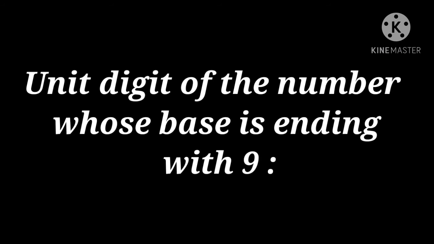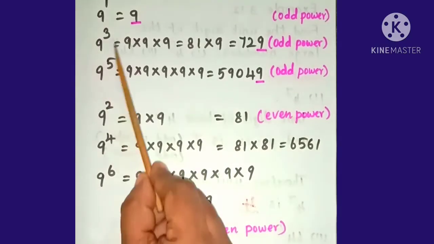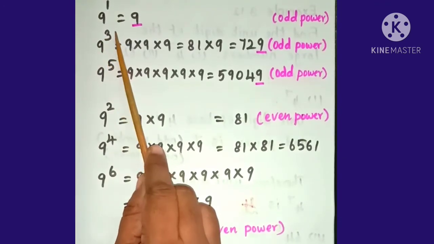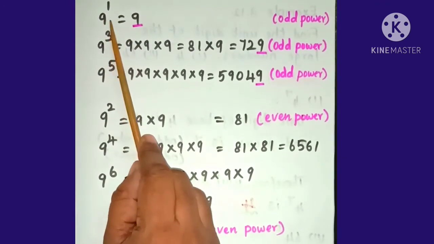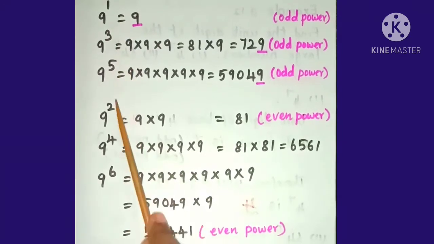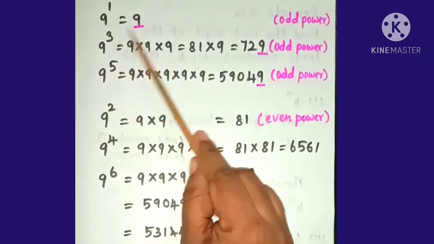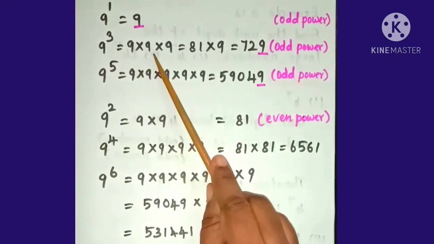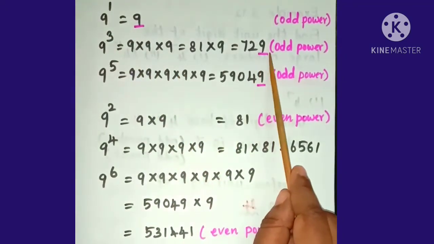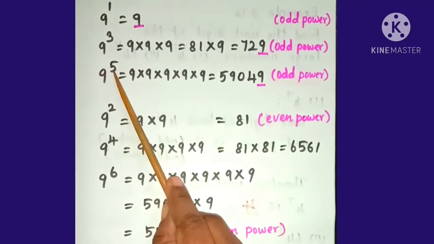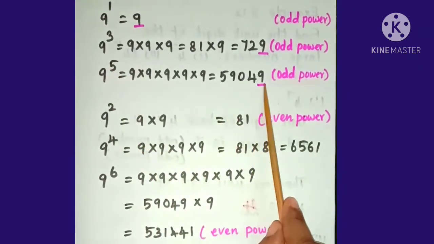Unit digit of the number whose base is ending with 9. Students, see the pattern when the base unit is 9. Here, when we take the odd powers, let's see what happens. 9 power 1 is 9. 9 cube, which is 9 into 9 into 9, that is 729. And 9 power 5 is 59,049.